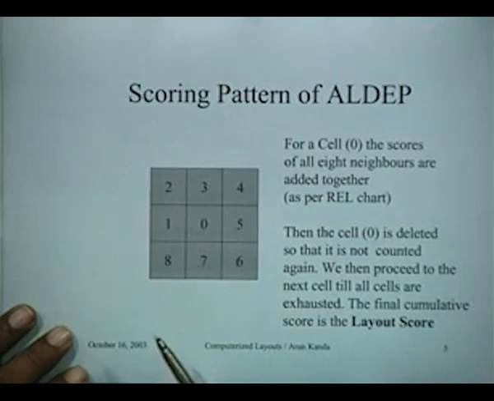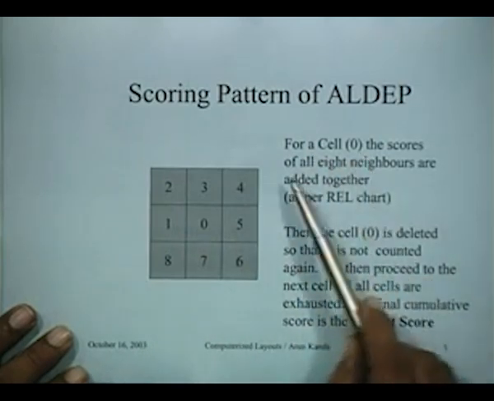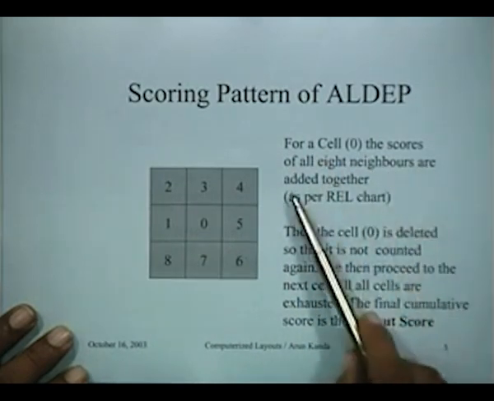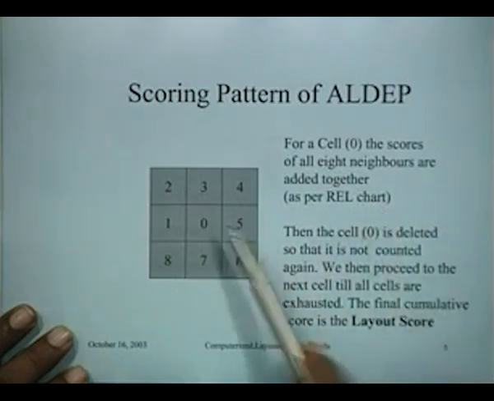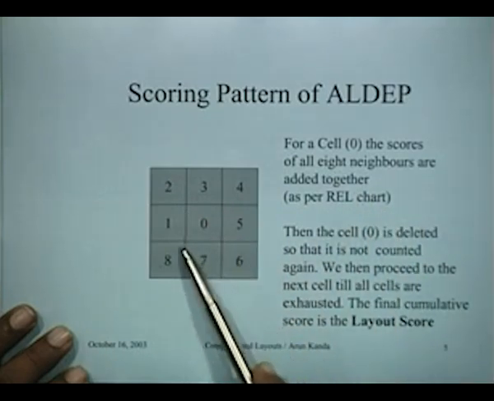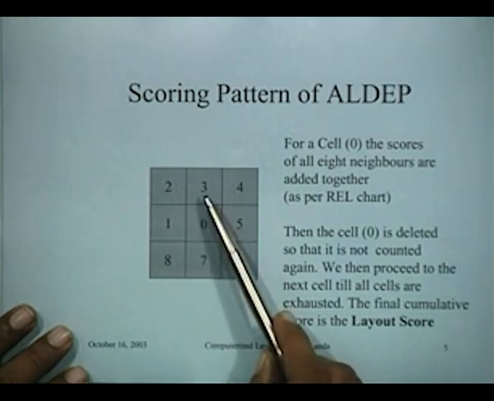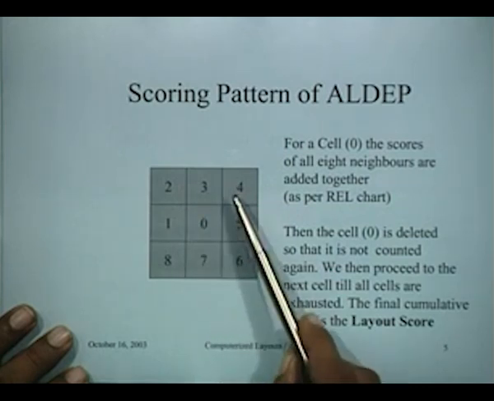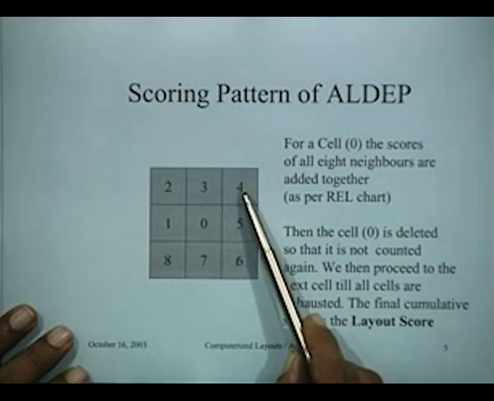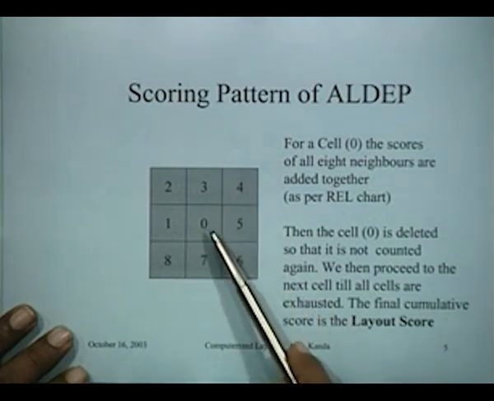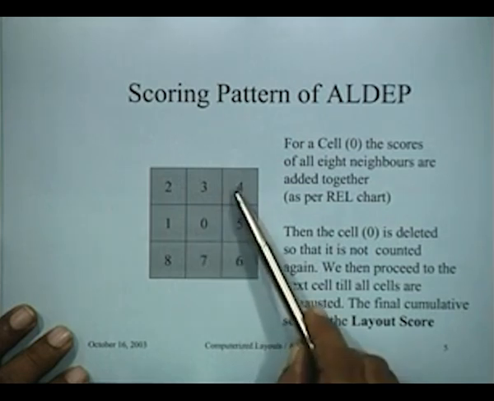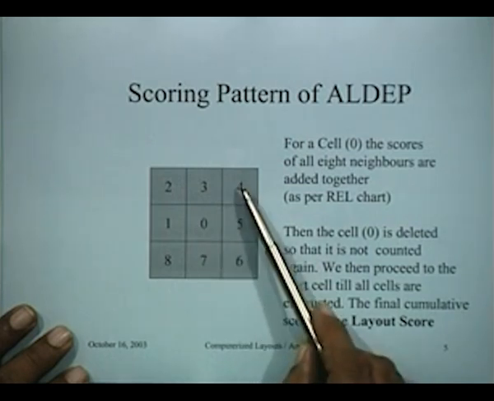For cell 0, the scores of all the 8 neighbors are added together as per the REL chart, which means if cell 0 belongs to a certain department and this belongs to the same department, then there is no contribution to the score. But if this belongs to another department which has an A rating with this, then depending upon the value for the A rating, you will have that much score coming out of this interaction.